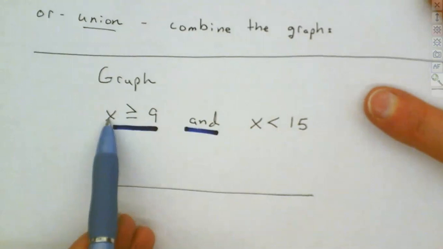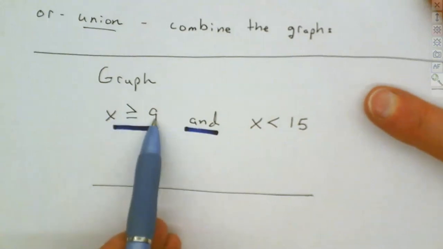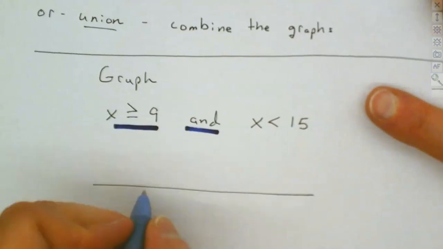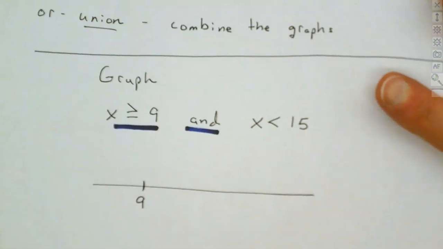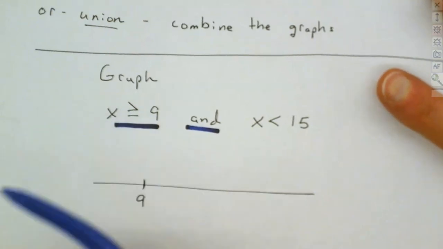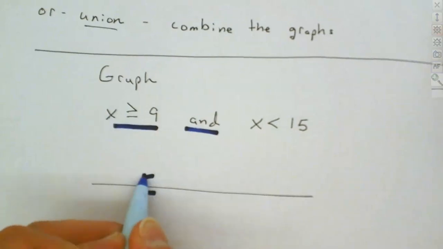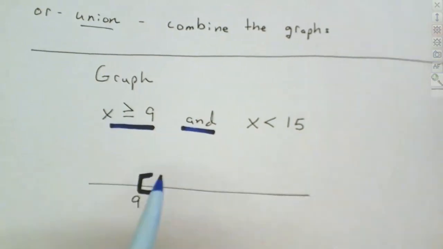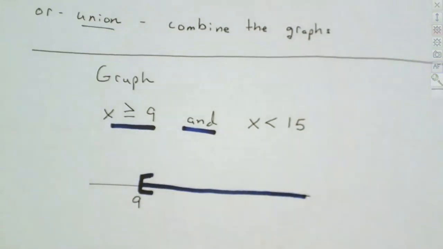So this one says that x is greater than or equal to 9. What would that look like on the number line? Well, here's my 9. It points to the right. It is greater than or equal to, so it gets a square bracket, and it's going to go out in that direction, isn't it?